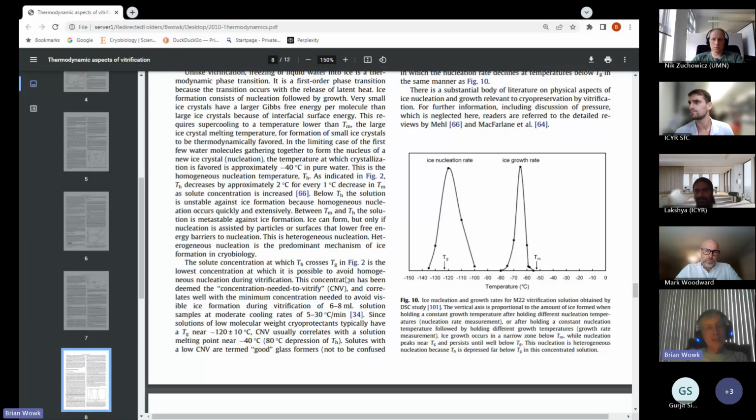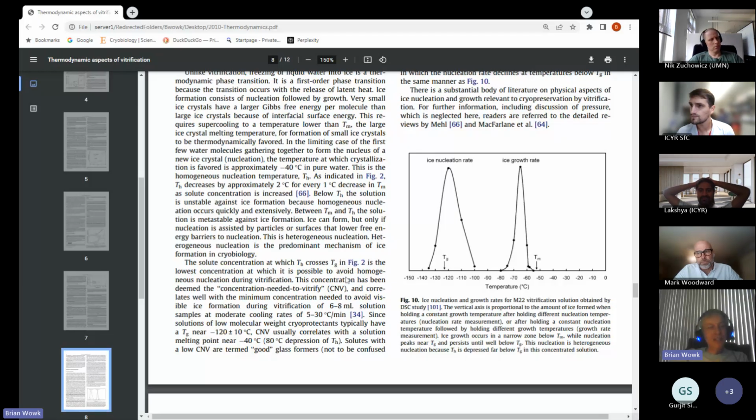And so you have this kind of tension in the field of organ vitrification between thermomechanical stress concerns and ice nucleation concerns. For ice nucleation reasons, you want to store as cold as you can. For thermomechanical stress reasons, you have to be really careful once you go below the glass transition temperature.